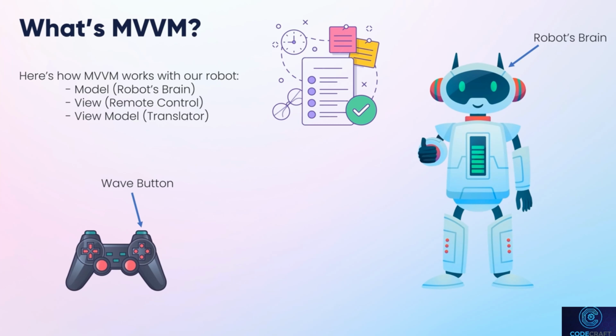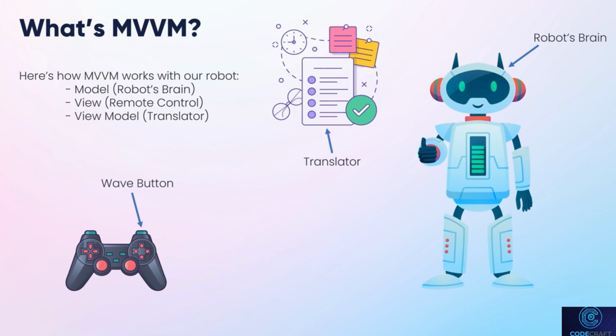When you press a button on the remote control, the view model translates your action into a command that the robot's brain understands. For example, if you press the wave button on the remote control, the view model tells the robot's brain to wave.